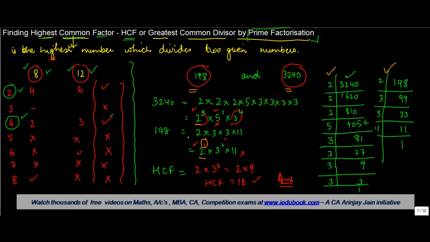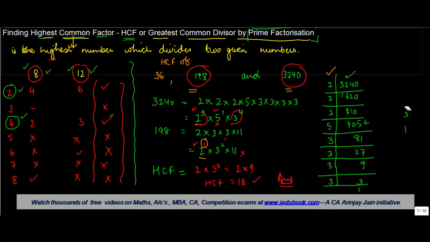Right? Now what would have happened if instead of 2 you had 3 numbers? So let's say you had 36 also. So you were told to find out the HCF of 36, 198 and 3240. So we have done this. I'm just removing this 198 from here for the time being.